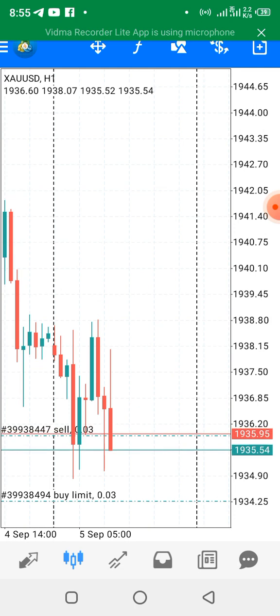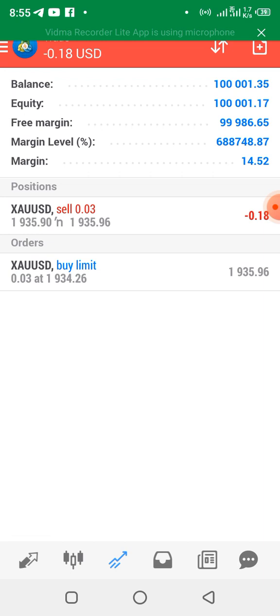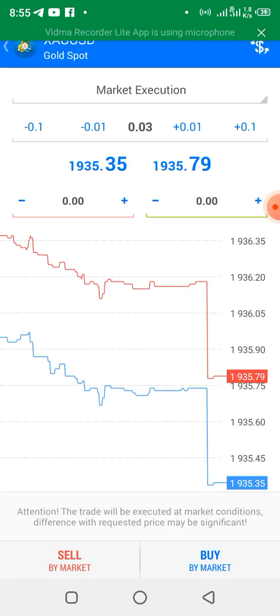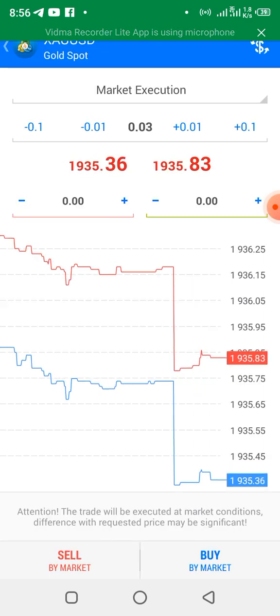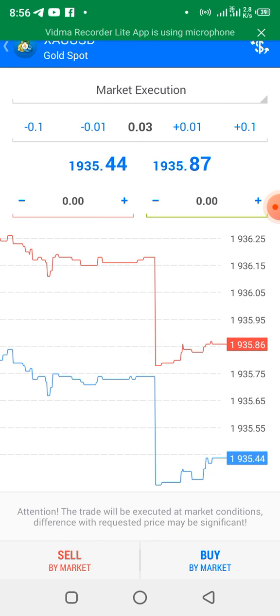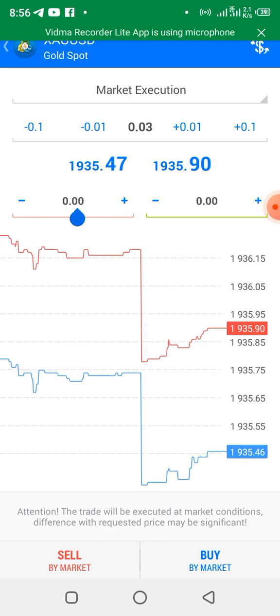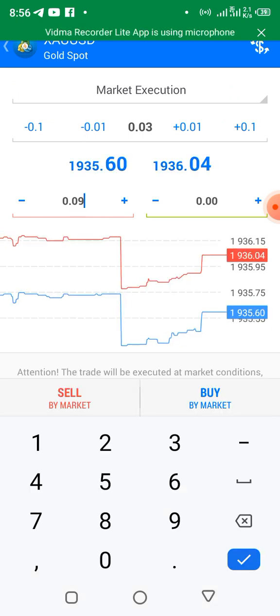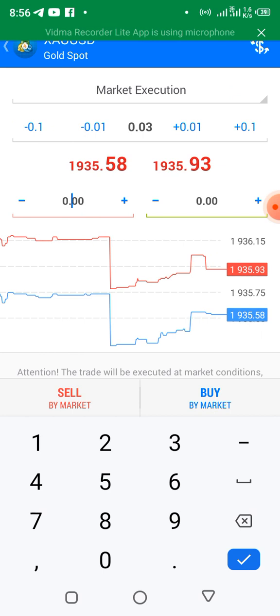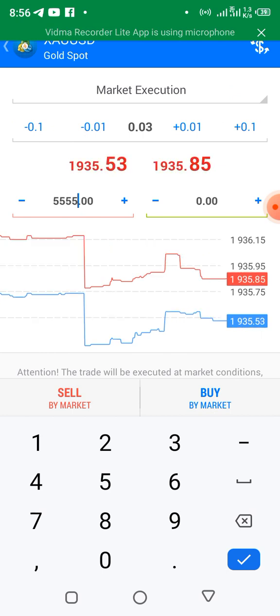All right. So how do you put your stop loss and take profits? Now you can see here you have a minus here.